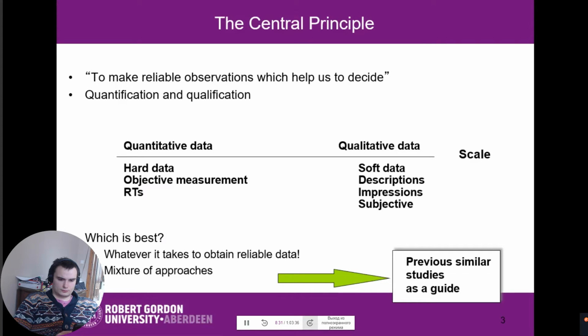In other words, you can actually take hard data and deal with it in a qualitative way through description and vice versa. So you go up and down the scale. So you don't actually say, which should I use? You say, what does it take to actually obtain reliable data? Okay? And in real life, it's a mixture of approaches. So in the same study, you might be using both qualitative and quantitative, and in some of those instances, qualitative might be converted to quantitative, and so on.